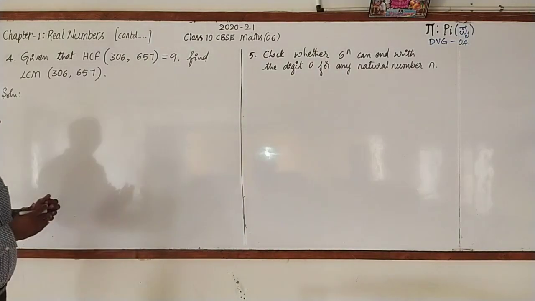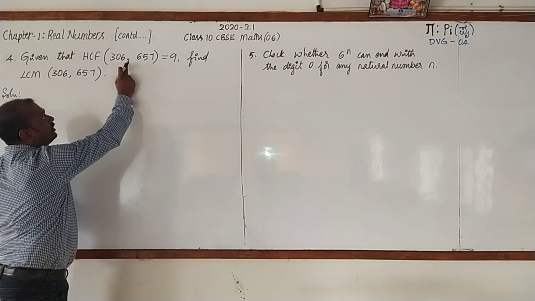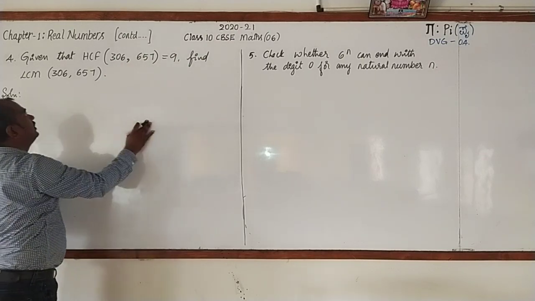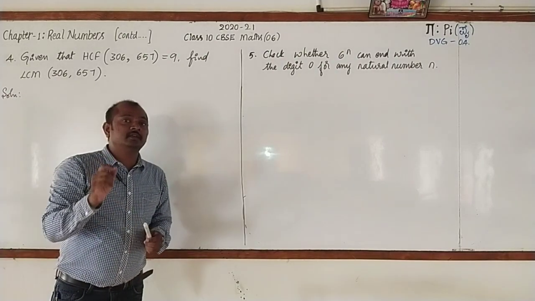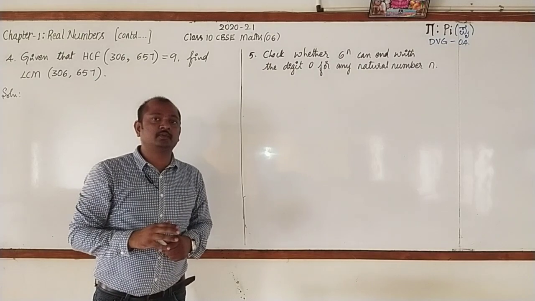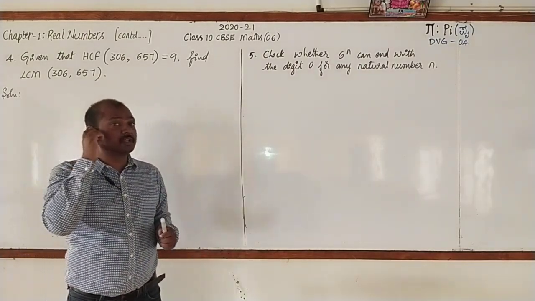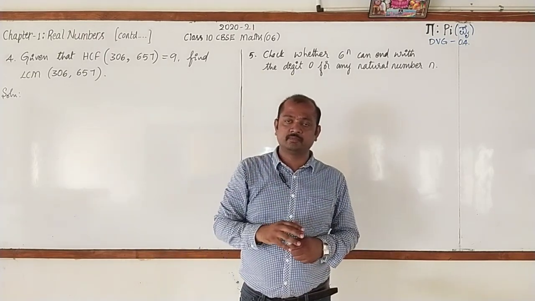Observe. It's very nice. Given that HCF of 306 and 657 is 9. If it is so, then you have to find out the LCM. Dear students, in yesterday's class only I told you, we have a statement which gives the relationship between A and B and their HCF and LCM.